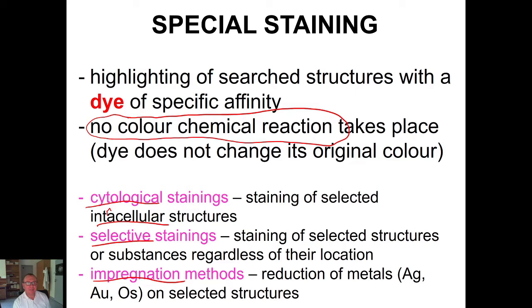Selective staining is staining of something regardless of the location, so it can be something intra or extracellular, like some proteins of extracellular matrix, which can be also before secretion in the cell. And impregnation methods are special stainings based on the reduction of metals, mostly silver. Silver reduction, Ag is silver, on selected structures. I will show some examples.